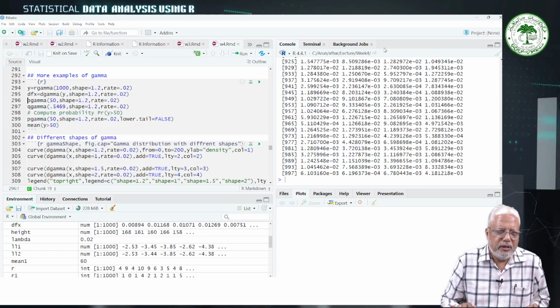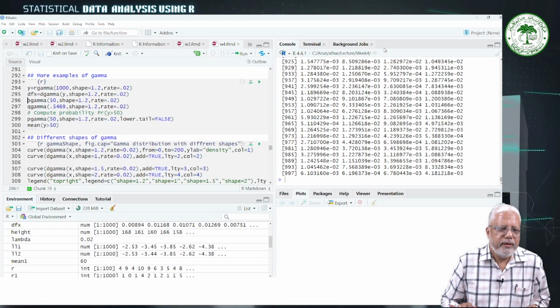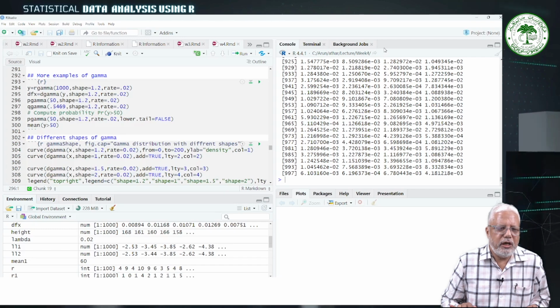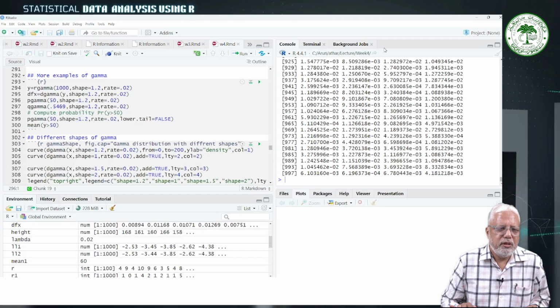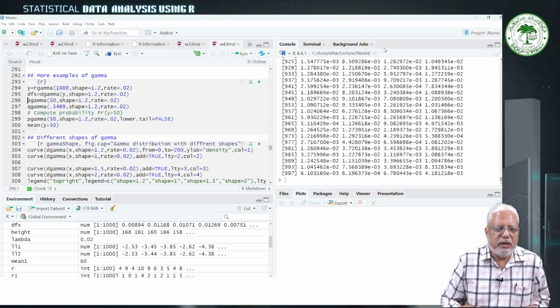See, now pgamma(50), that means probability of the gamma distribution below 50, shape is equal to 1.2 and rate is equal to this thing.